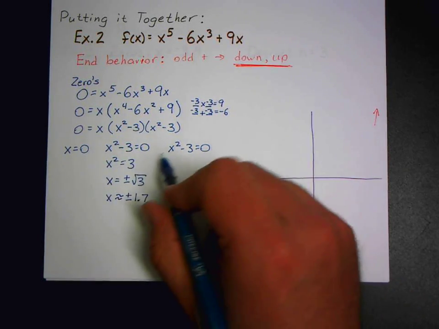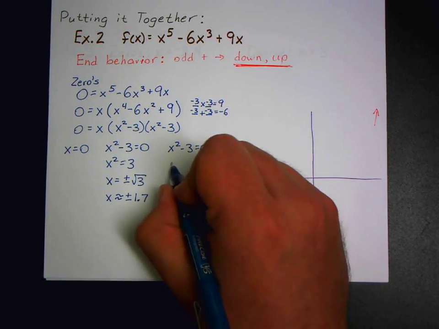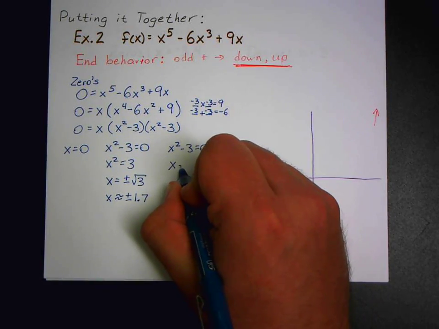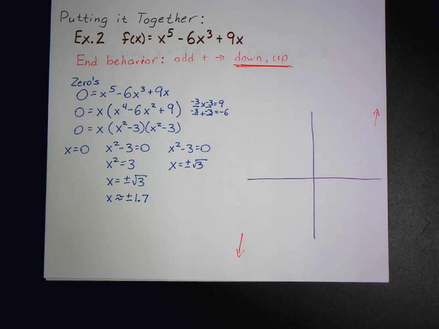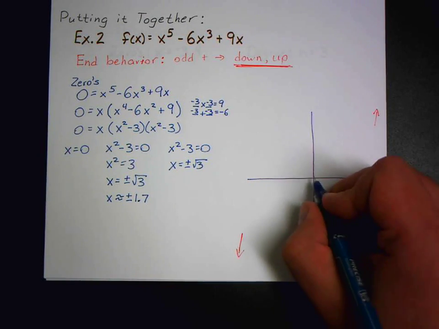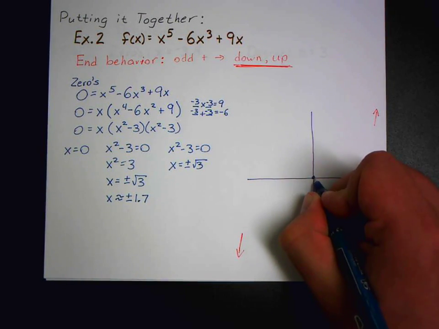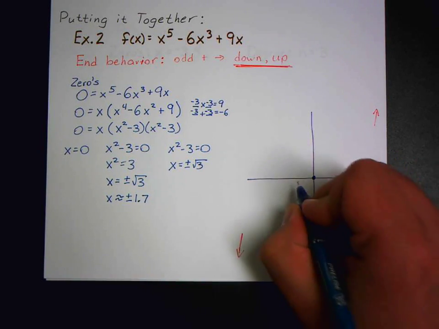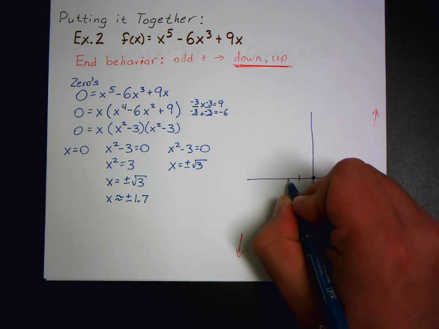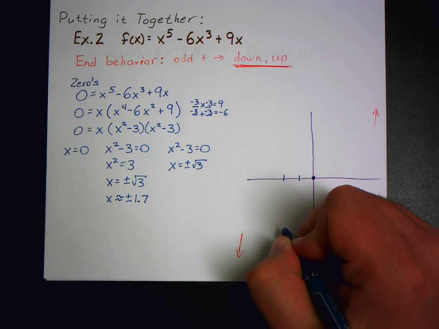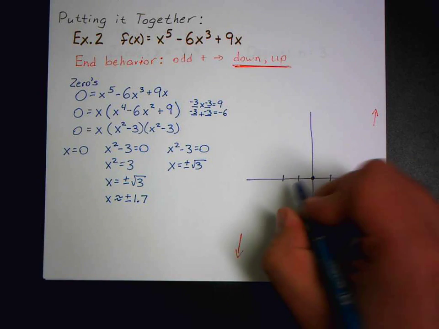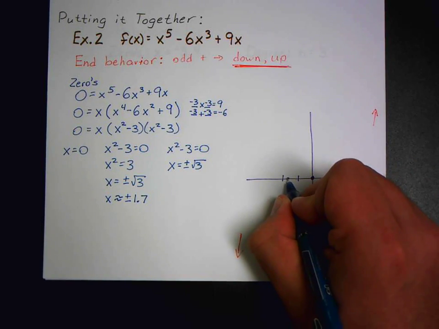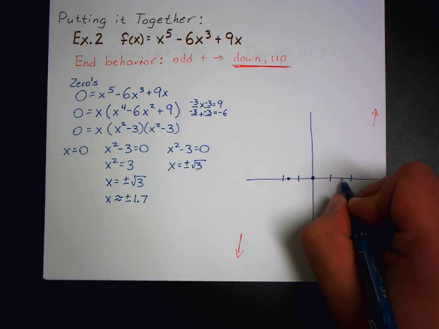Okay, this one was the exact same thing. So this is also going to come out to be plus or minus square root of 3. So if I come over here and put those on my graph, I have one there. I have one at negative 1.7 and positive 1.7.